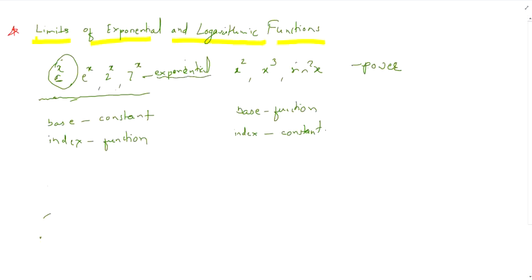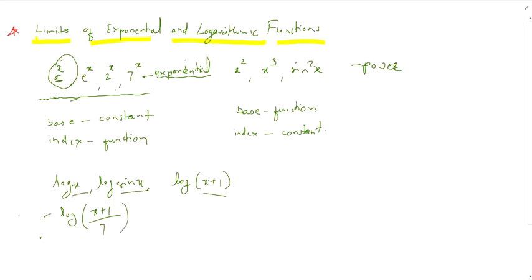And logarithmic functions are these: log x, or log of sin x, or log of x plus 1. The variable may be in rational form, a polynomial or a trigonometric function, a single variable; if we apply log on it, then it is known as a logarithmic function.